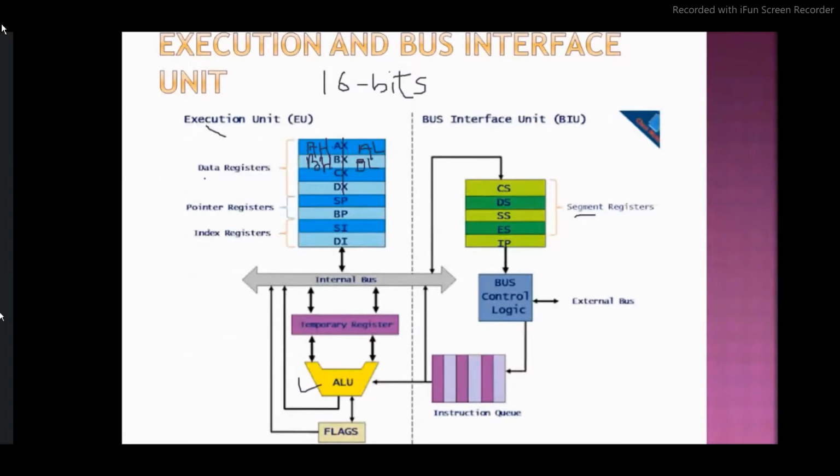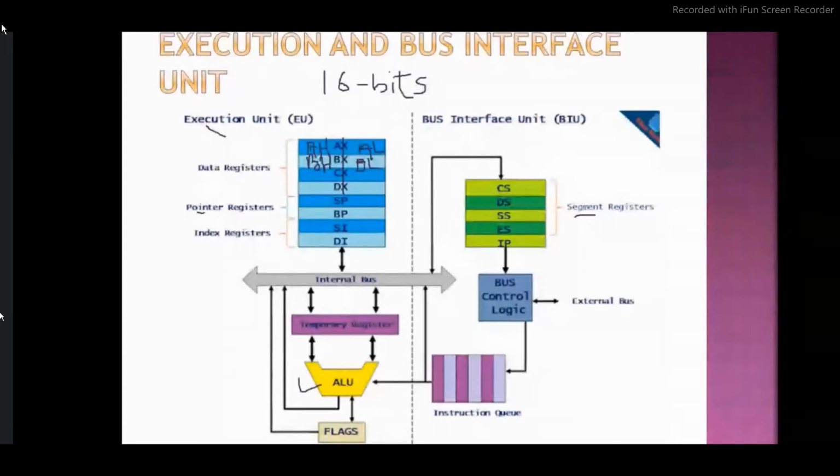After data registers in the execution unit, we have the pointer registers. The name itself is pointer registers, meaning to point at some specific place. There are two kinds of pointer registers in the 8086 microprocessor: stack pointer, that is SP, and base pointer, that is BP.